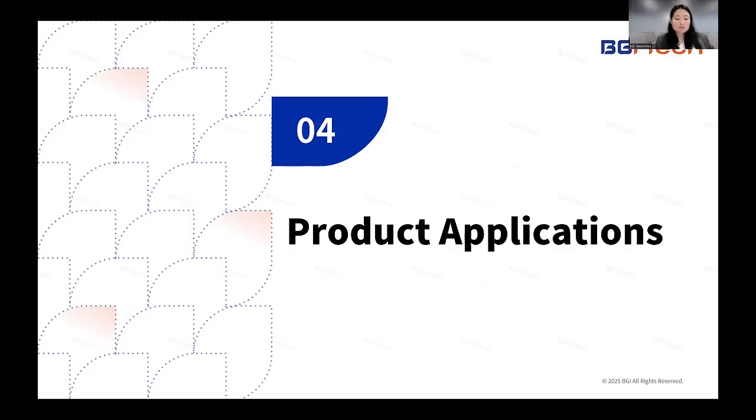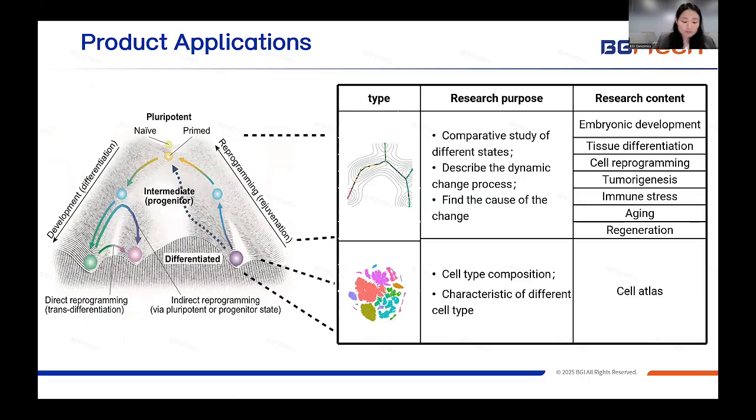So finally, I want to introduce the applications of our single-cell RNA sequencing. We can use single-cell sequencing data for many kinds of research. Based on the research objectives, single-cell research can be divided into the following two types.